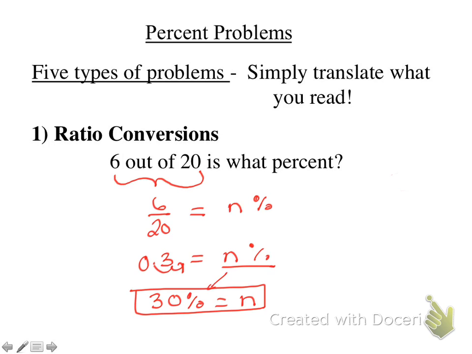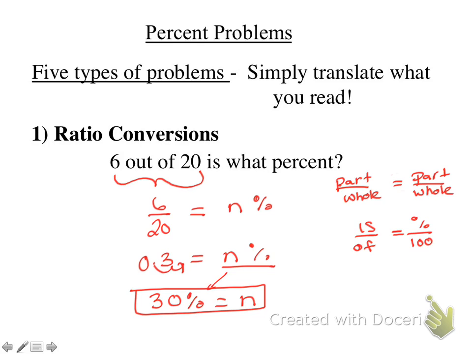Method number 2, I can use the part to whole. In other words, this would be the is over of equals percent over 100.